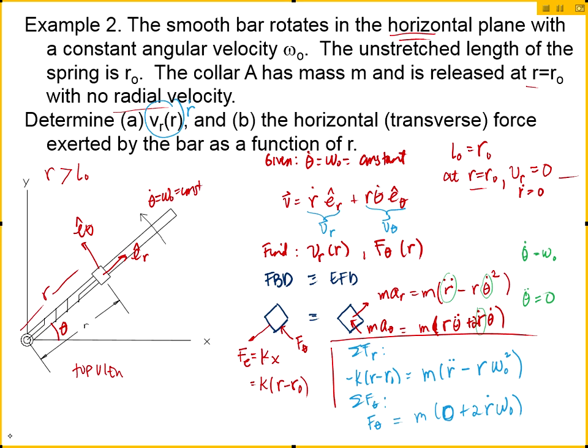Yeah, because of the spring. As this thing rotates counterclockwise, the spring actually makes the collar oscillate back and forth along its length. So for the same position, when it's moving outward, VR is positive. For the same position r when moving inward, VR is minus.